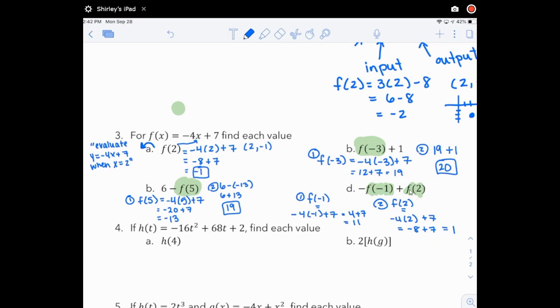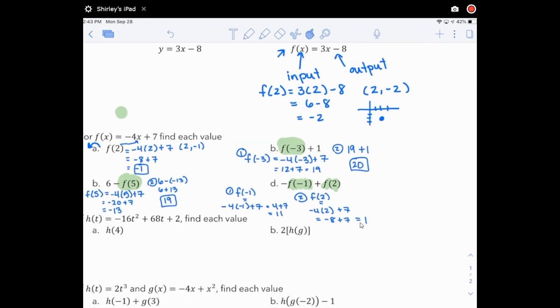My final expression says take a negative f at negative 1. So what is the opposite of f at negative 1? F at negative 1 was 11. So the opposite of that would be negative 11, plus f at 2, which is 1. So my final step, I'm going to simplify. Negative 11 plus 1 gives me negative 10.